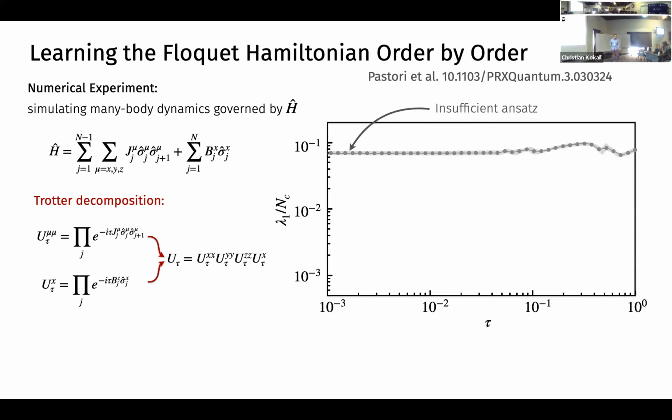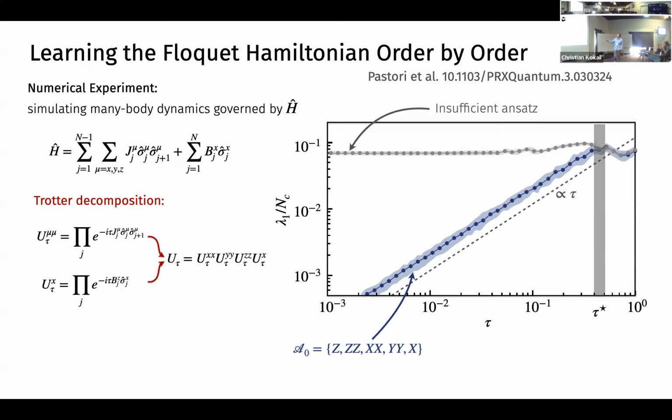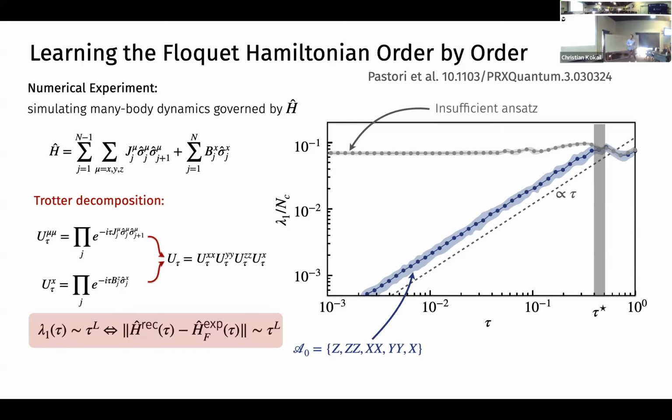So this doesn't work. But if you include more and more terms, then at some point the smallest eigenvalue of this matrix starts to scale with the Trotter time step tau, until some point tau star, where it breaks down, where the Floquet-Magnus expansion doesn't converge anymore.